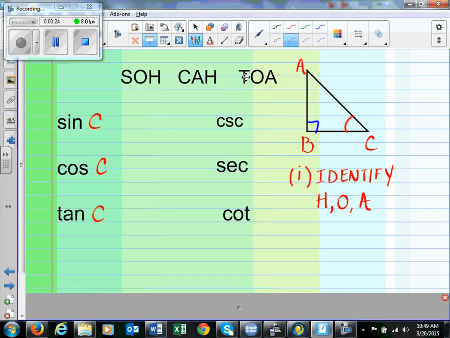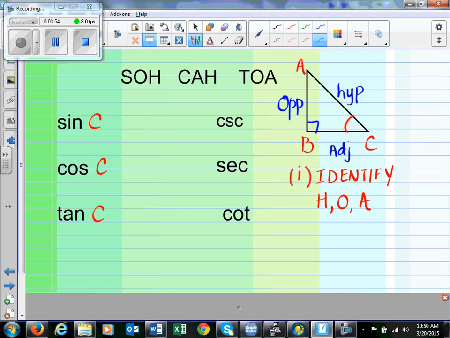So if C is the reference angle, we have the hypotenuse to be AC, the opposite side is AB, and the adjacent side is BC. So that's the first thing that we're going to do. Whenever you see a right triangle, you try to identify the hypotenuse, opposite, and the adjacent side.